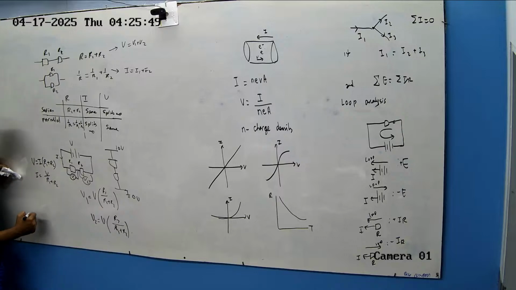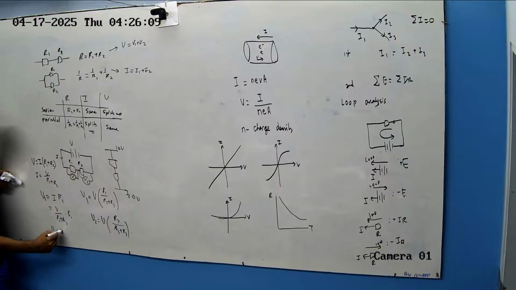So what will V1 be? V1 will be the current in the circuit times R1. If I is this, you get V over R1 plus R2 times R1. Then you can factor out the V and you'll get R1 over R1 plus R2.